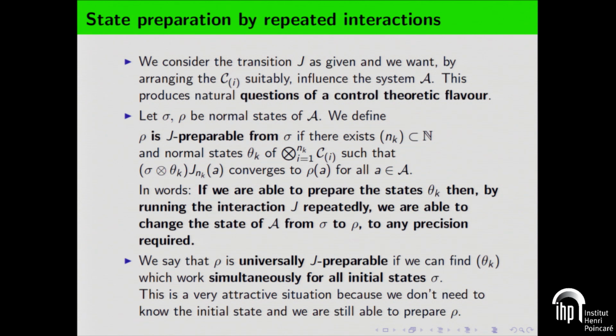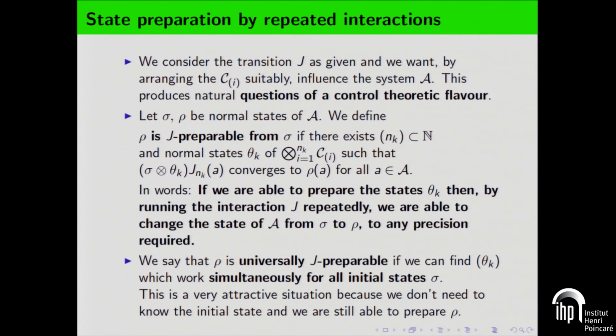Further, we say that rho is universally J preparable if we can find such theta_k which work simultaneously for all initial states sigma. This is a very attractive situation, because in this case we don't need to know the initial states, and we're still able to prepare rho.